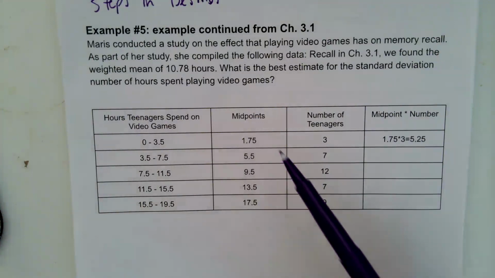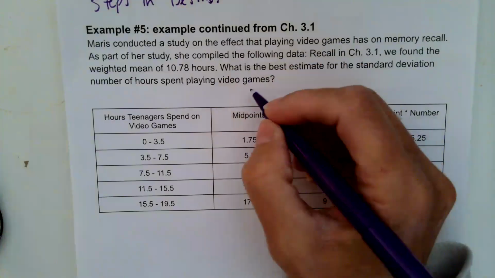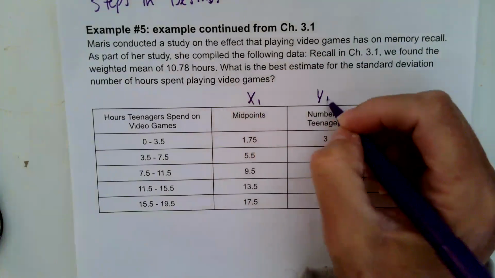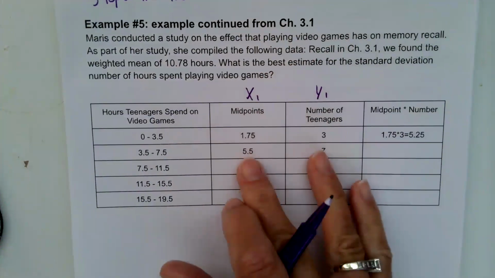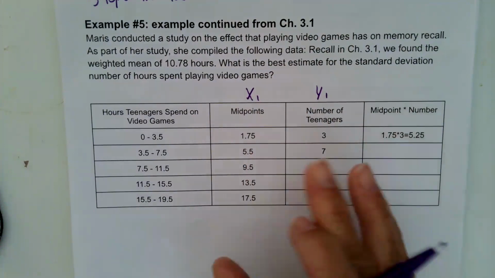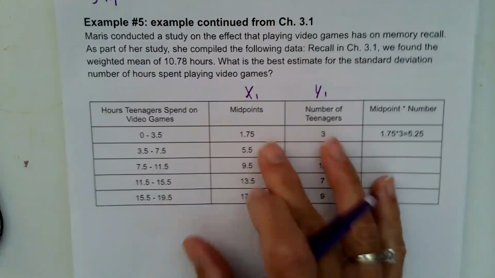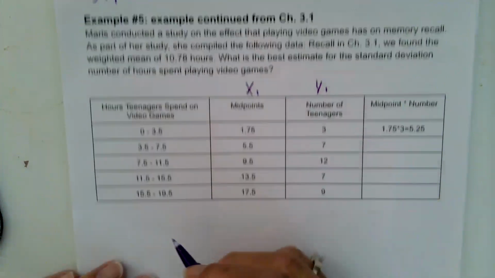So here are the midpoints, and here are the number of teenagers. And in Desmos, we put these into, say, X1, Y1. And then we multiply these midpoints and the frequencies into this column here. But now we're going to learn how to use this, not just to get the weighted mean, but to get the weighted standard deviation.